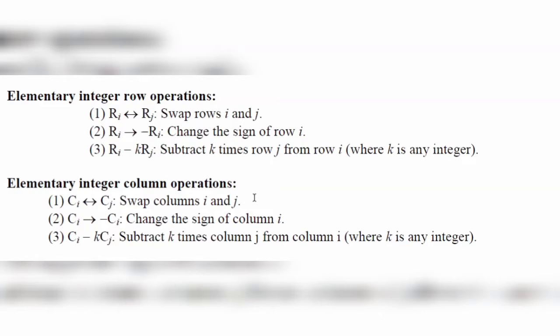These operations are very much like the elementary row and column operations from linear algebra, except that we don't allow multiplication or division by a constant. As you can see, we are swapping the rows, changing the sign, and subtracting k times one row from another. And similarly for the columns.